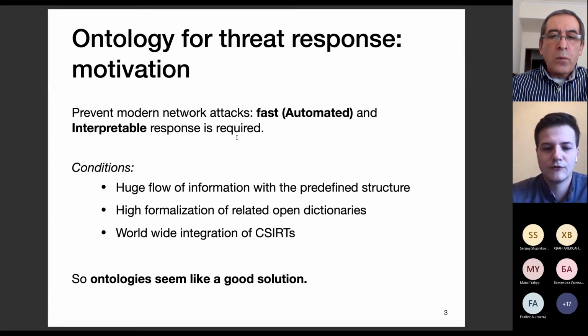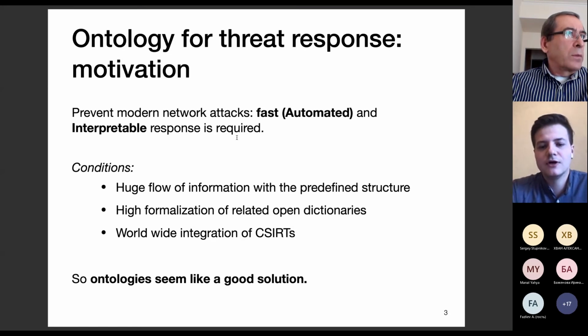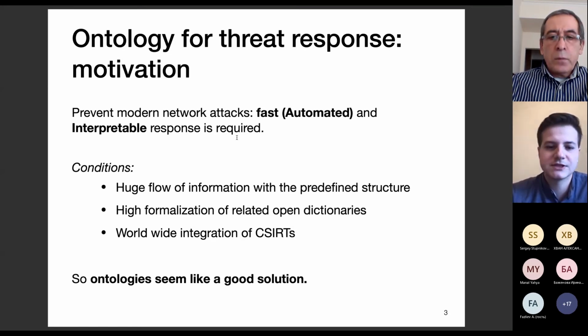Also, a high level of integration of different security teams allows us to use exchange formats as a reference, for example, OpenIOC or STIX. So this background looks attractive for ontology building, while ontologies might be a key to interpretable automation of threat response.